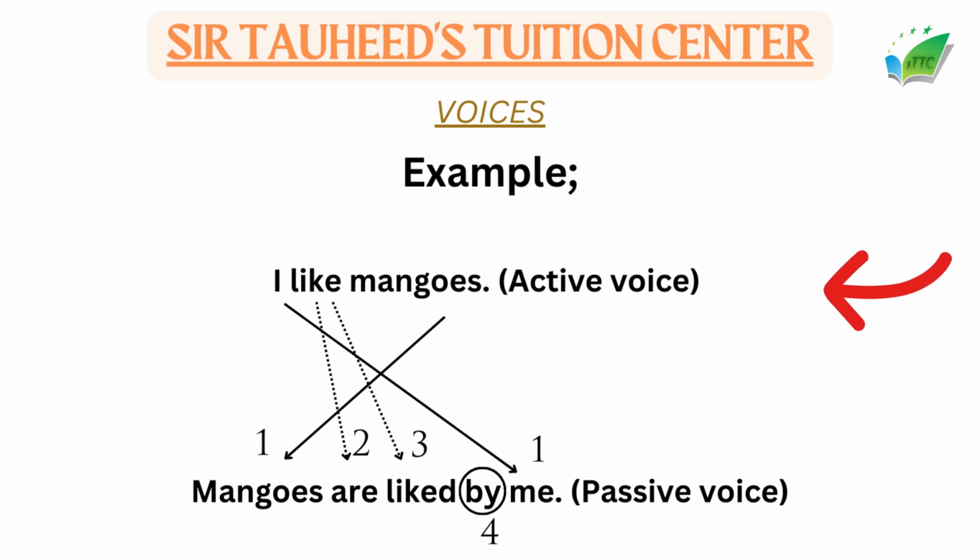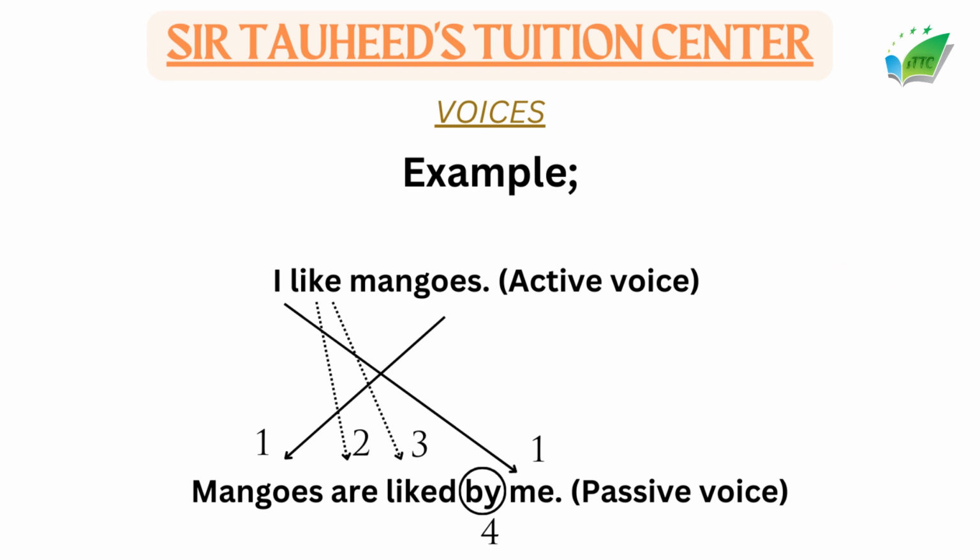And mangoes are coming at the end. This is a noun, and this cannot perform any action. As we know, mangoes cannot perform anything. So when the performer is in the beginning and the object is at the end, this sentence is called active voice. Now if we have to change it into passive voice, we have to apply 4 rules.